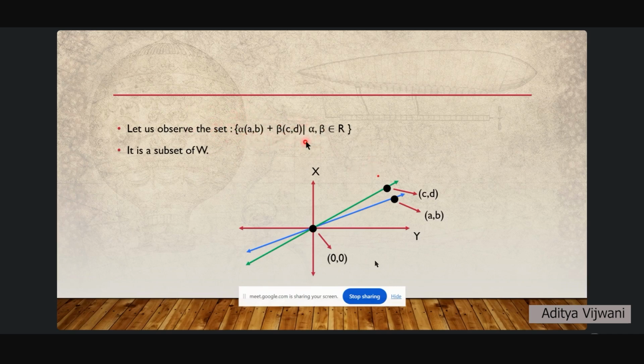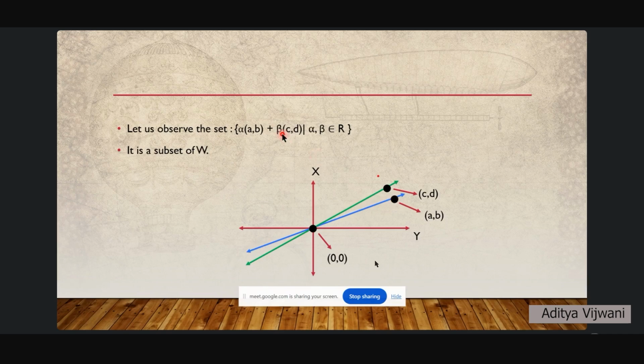What does this set represent then? Again, the subset of W, just that line, this blue line. So when beta is 0, I get this line, and all the scalar multiples of AB will be in the set.